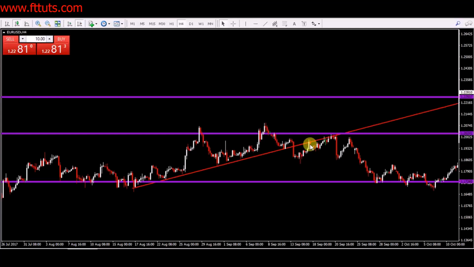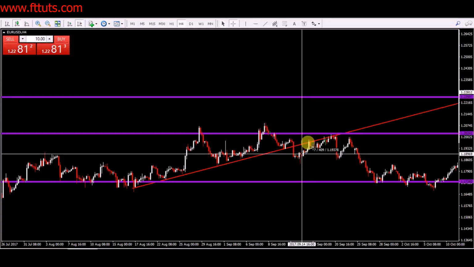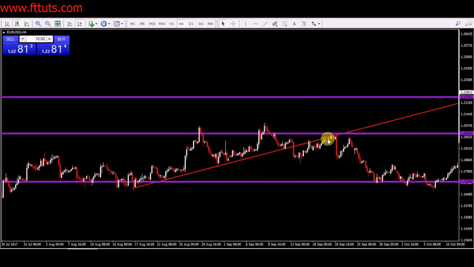Notice it's not back above and starting to make those higher highs and higher lows back above this trend line. Notice all this action, all this fake bullish action is all happening in what we call the sell zone. It's still in the sell zone.